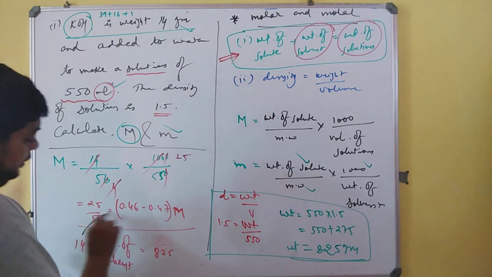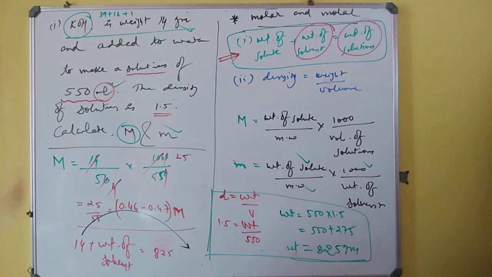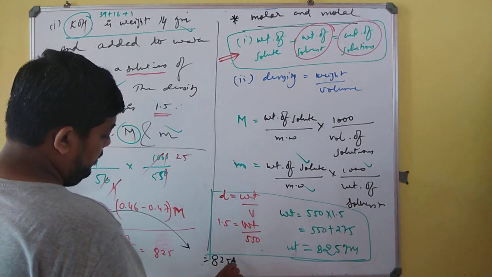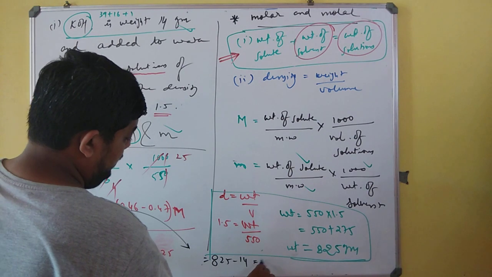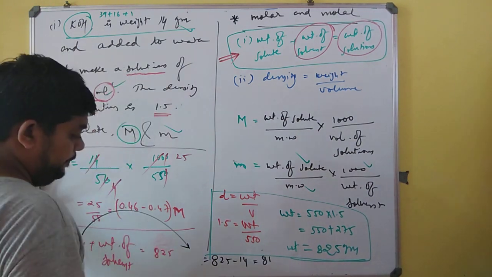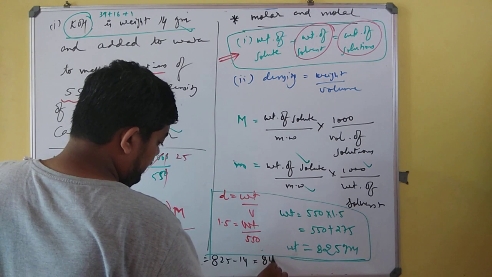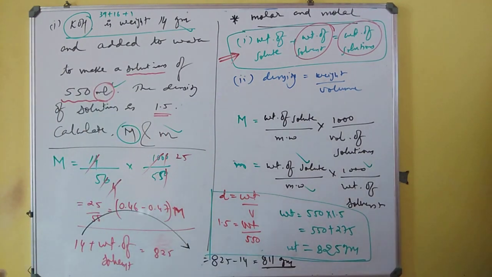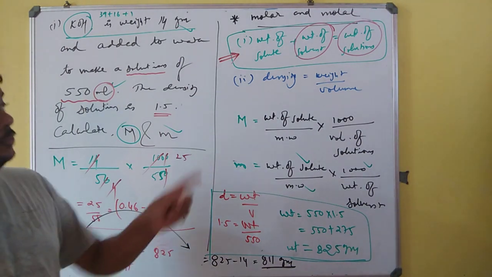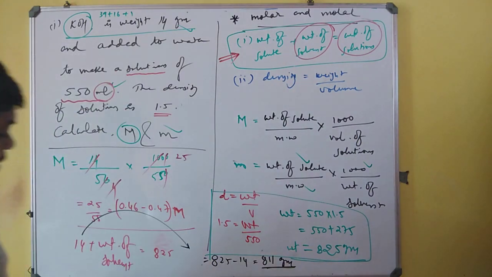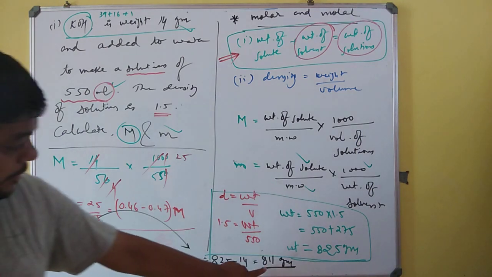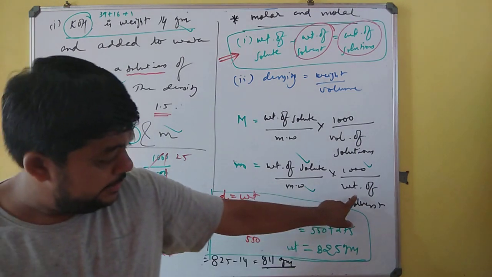If I do so, I will end up writing 825 minus 14, and that would be 811 gram. So friends, this 811 gram is now the weight of solvent, and this weight of solvent is now supposed to be placed here.